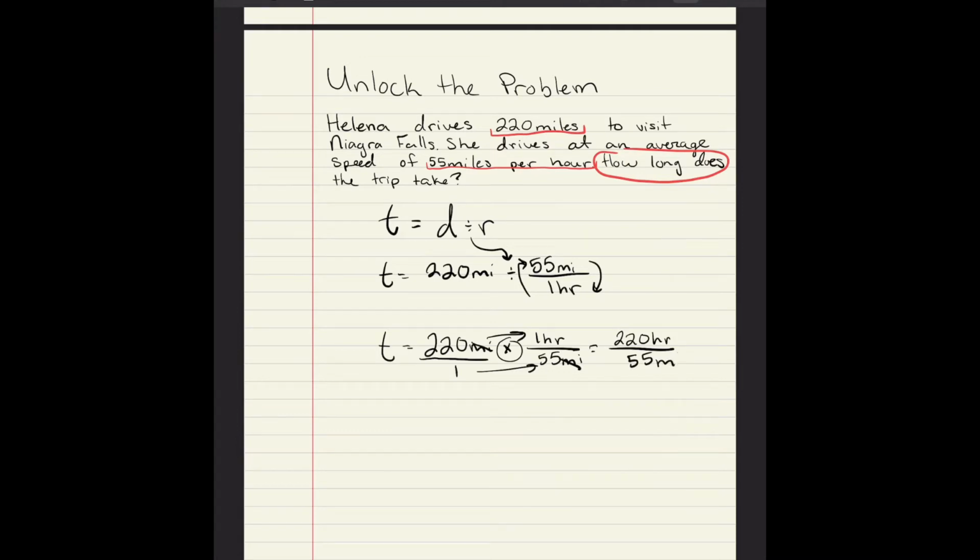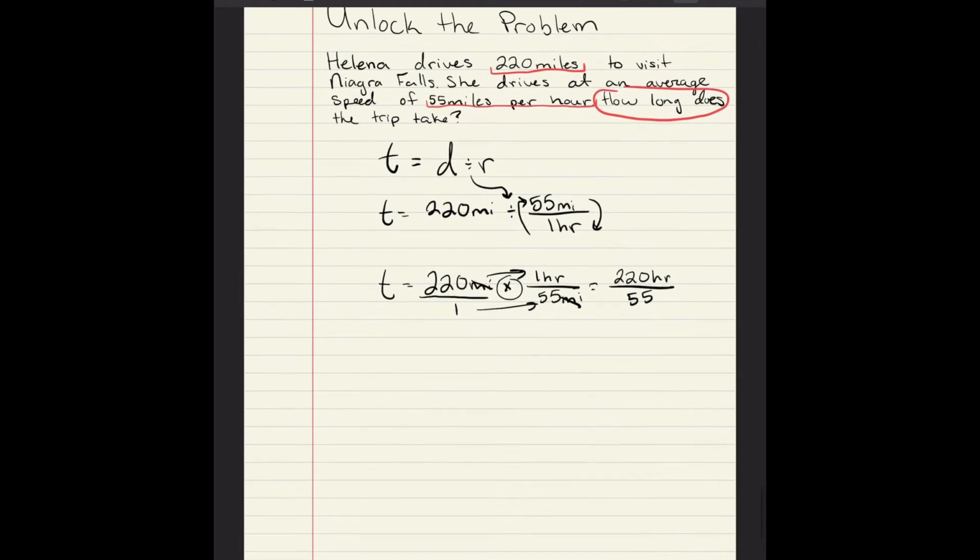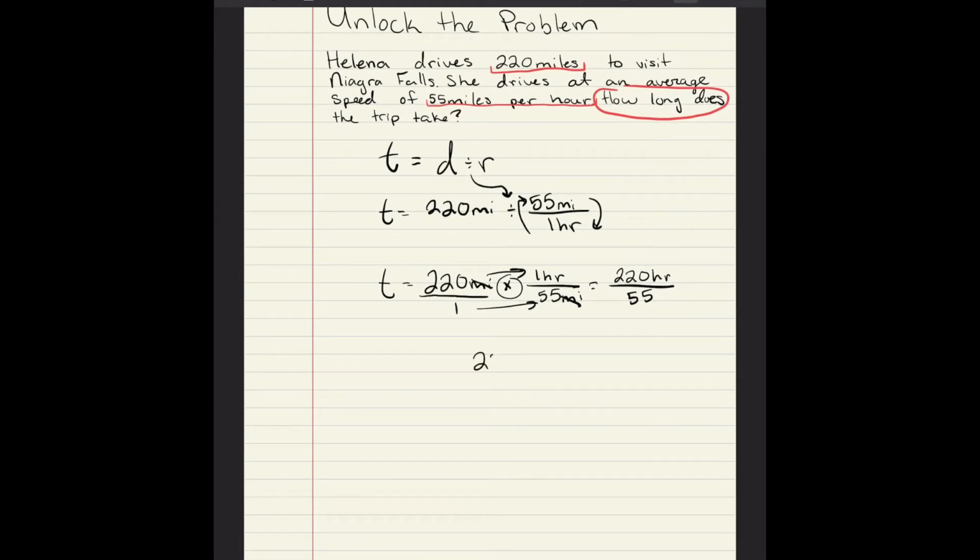Oops, nope, not miles. Miles is gone. Now I can simplify. So I'm dividing 220 divided by 55. So T equals 4 hours, because here's our hours.